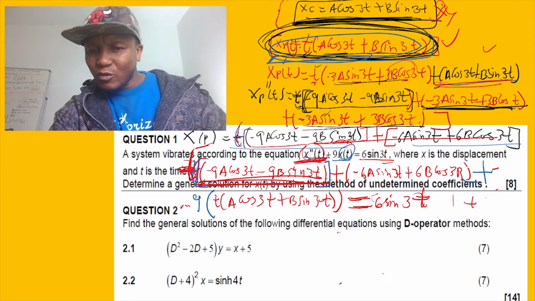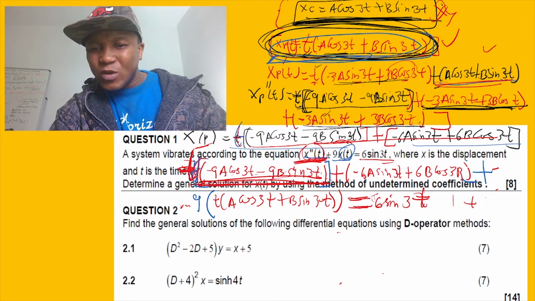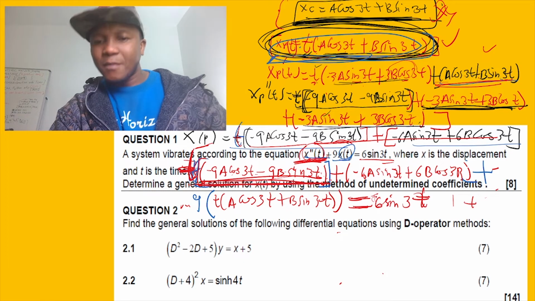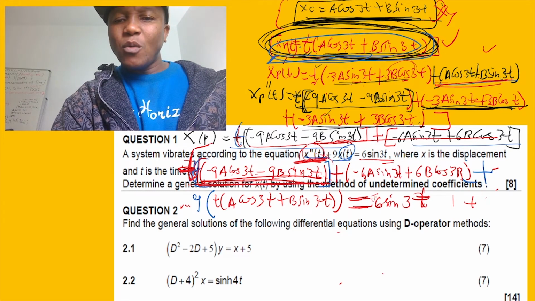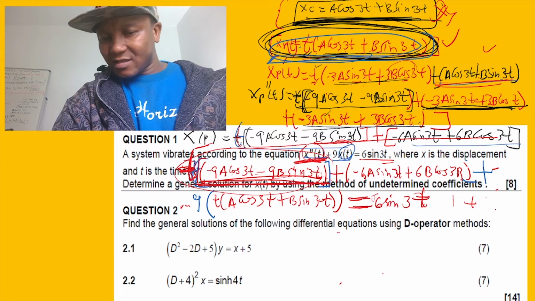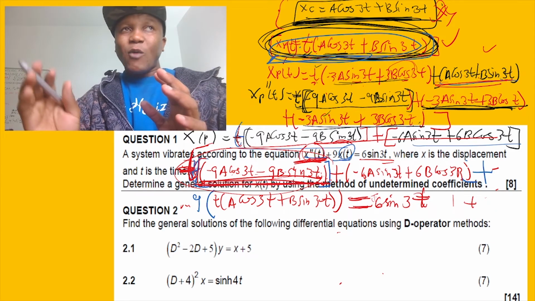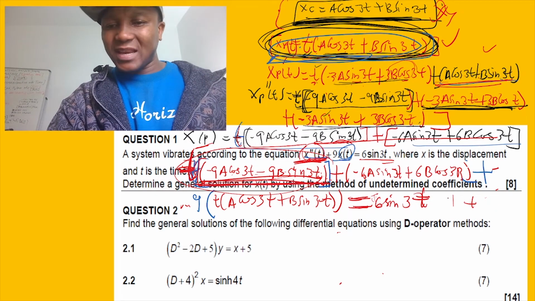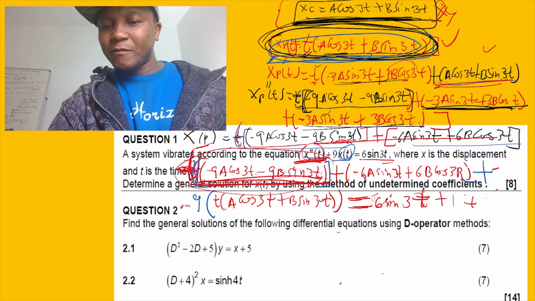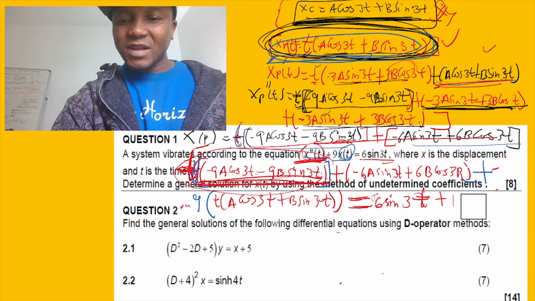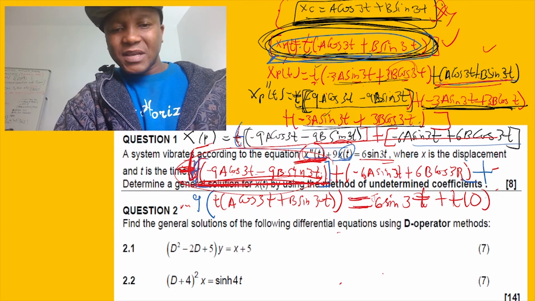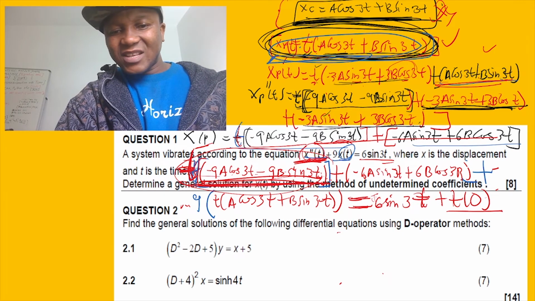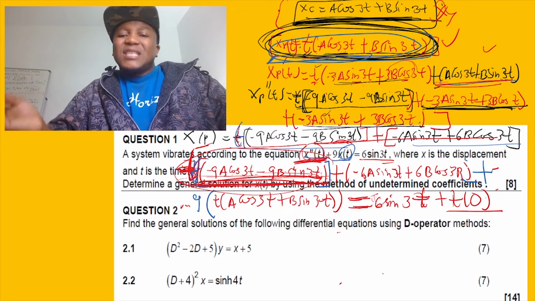If this one had a t, I would compare all of this with that one. You understand? But now it does not have a t, which means there is no way to compare this group with that. So that one, you let it be 0. I can simply say t and 0, because you got nothing. If I compare this and that, everything is going to be 0 here, and I don't need that.